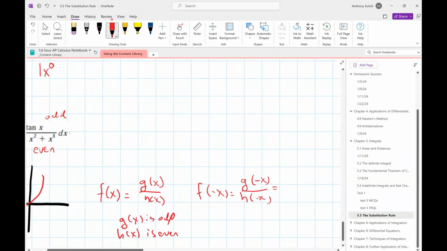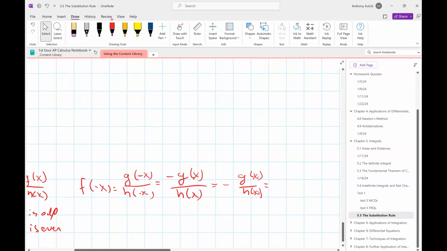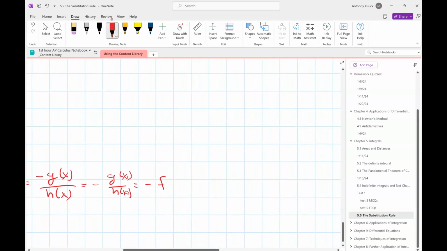Since g of x is odd, the negative sign comes out front. Since h of x is even, the negative sign just gets absorbed. So I have negative g of x over h of x, which is negative f of x, which tells me f of x is odd, right?